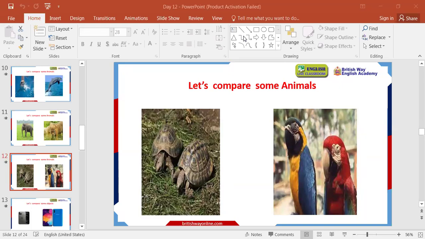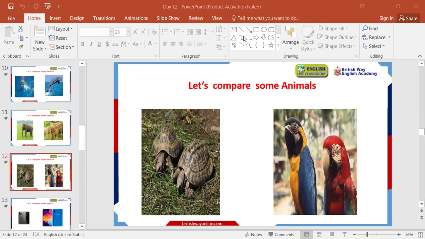Cheetahs are. Okay. Hippos are more aggressive than rhinos. The whales are larger than dolphins and sharks. Wolves are more aggressive than tigers.